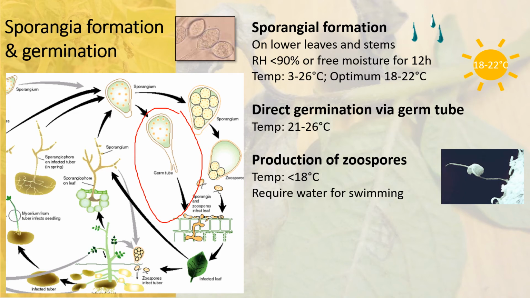So this is why epidemics of late blight normally occur at the cooler temperatures, because zoospores are produced, and these zoospores in free moisture can then swim to infect other hosts. So here we see the sporangium producing zoospores, releasing the zoospores, and the zoospores then infecting the plant.